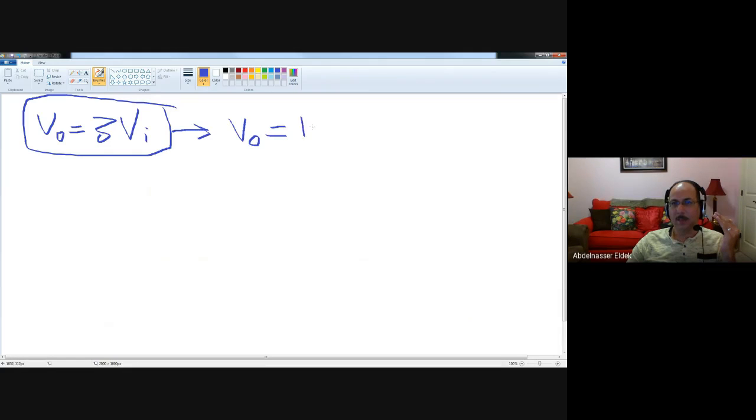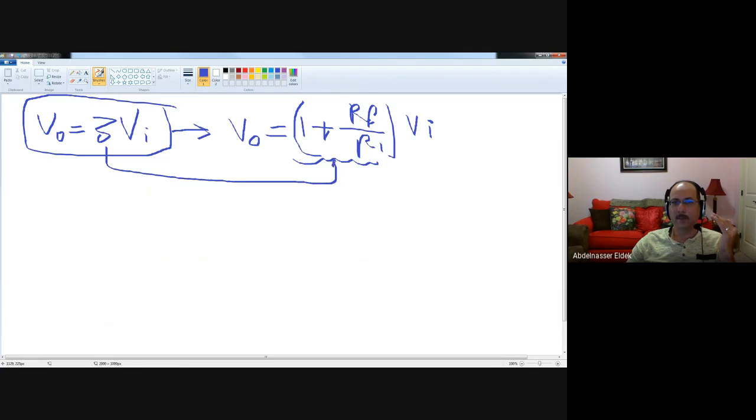It is 1 plus RF over R1, all between brackets, times VI. And since all of this equals 3, this means that RF over R1 equals 2, for sure. Okay, so 2 plus 1 is 3.